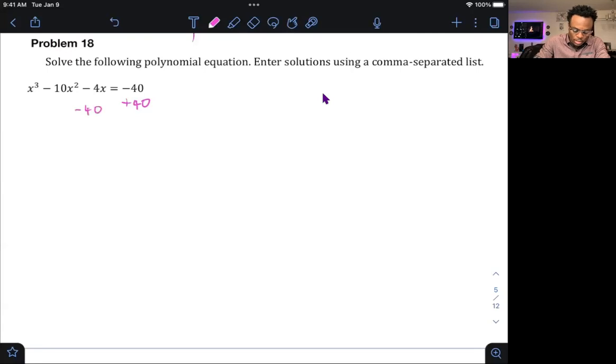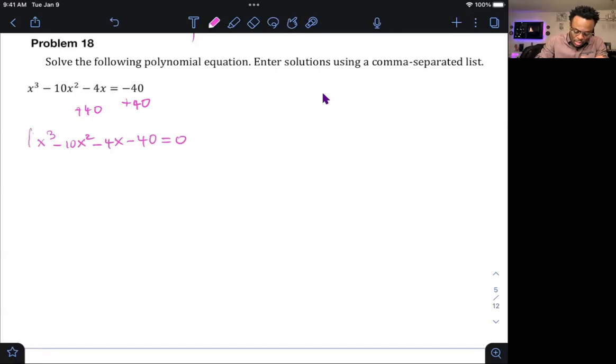So that is x to the third minus 10x squared minus 4x plus 40 equals 0. It's a four-term expression. And I always say, whenever you have a four-term expression, you want to see if it's possible for you to factor by grouping.